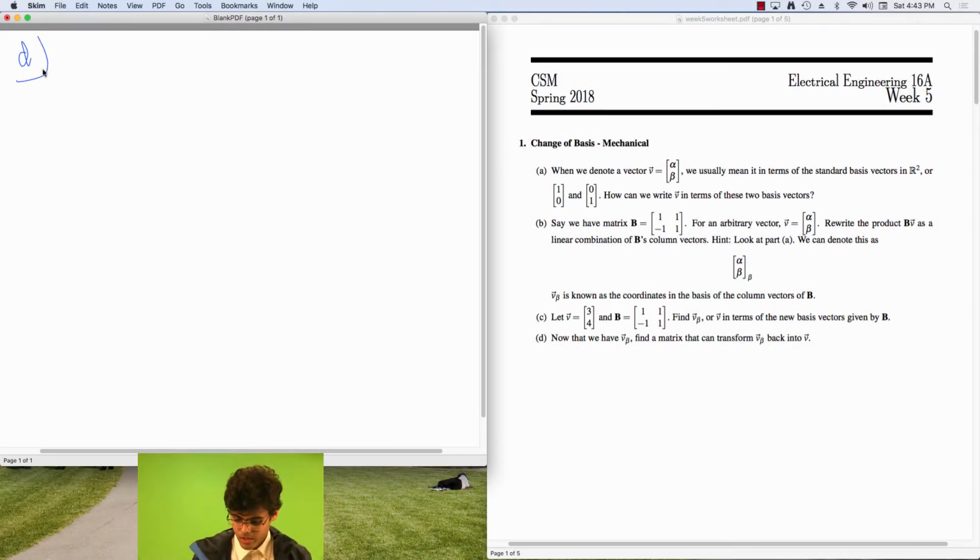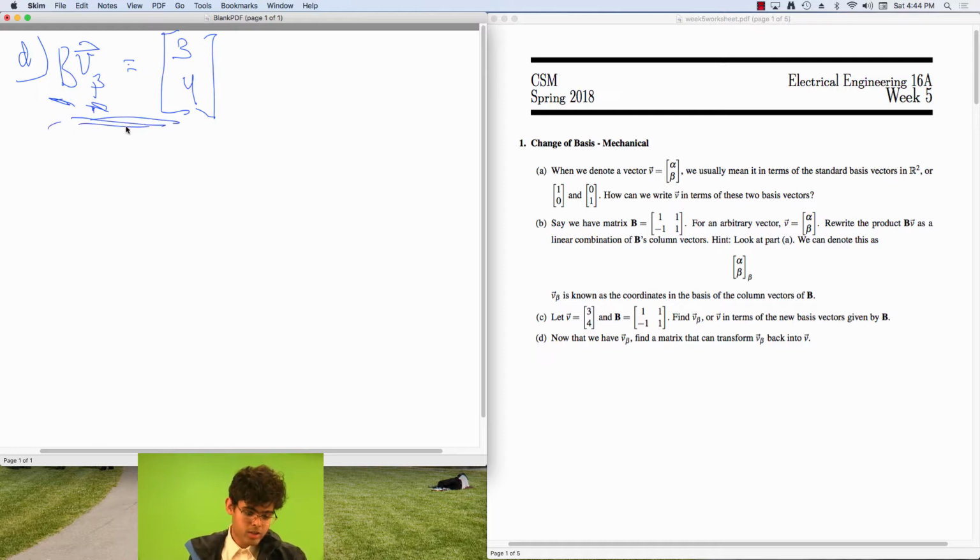Now for part D. So we have a vector VB, and just to recap, all that VB is, is that B times VB gives us whatever vector we wanted to start with. So in part C, we had a vector 3, 4, and all we were doing is saying that B times VB should be equal to 3, 4.